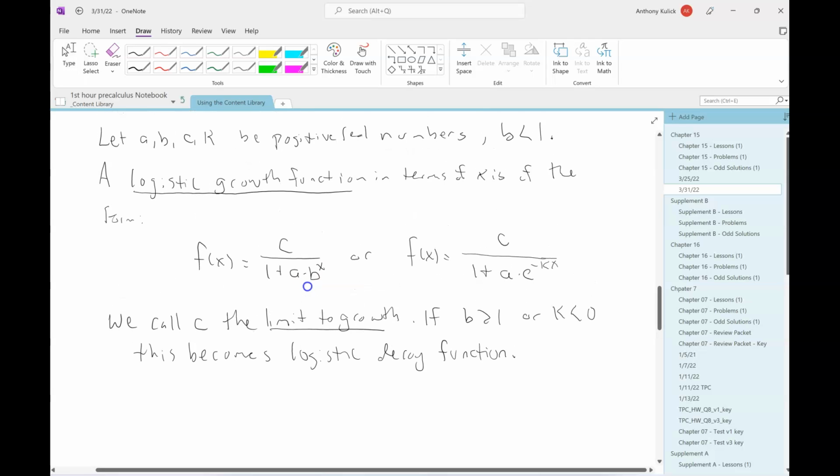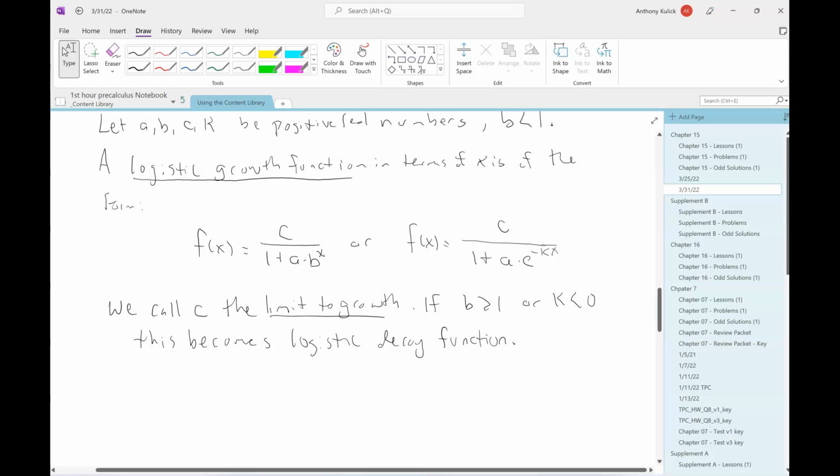So if we have some positive real numbers, A, B, C, and K, where B is between 0 and 1, we say that a logistic growth function in terms of x is of the form f of x equals c over 1 plus a times b to the x, or if you prefer the other form of an exponential, c over 1 plus a times e to the negative kx.